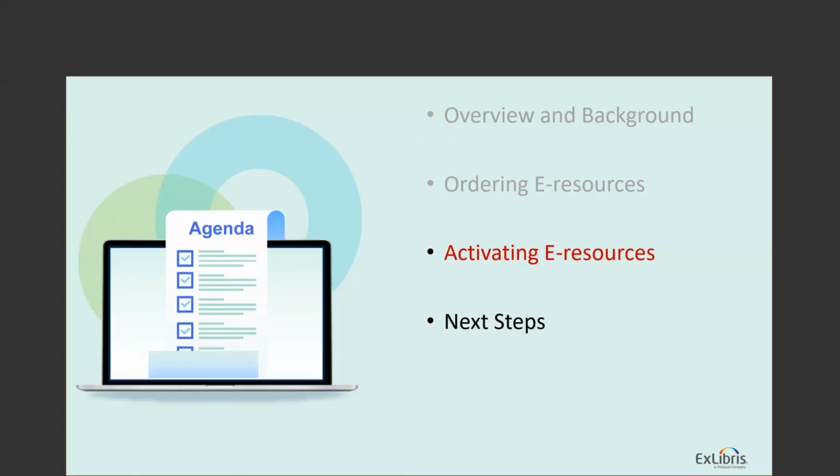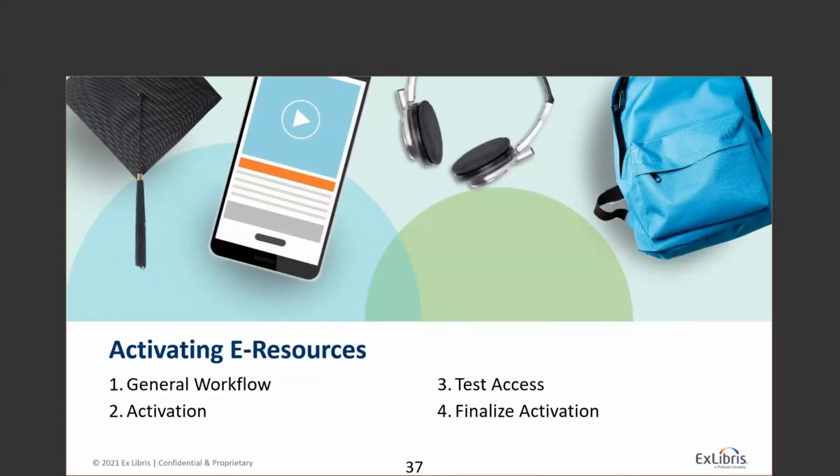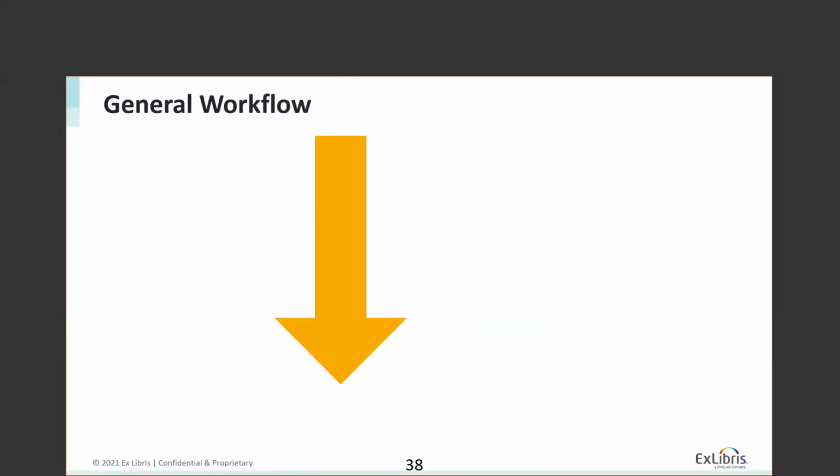I wanted to leave a little bit of time here today to activate those e-resources. So there's a couple of steps to do that. I'll show you the general workflow first. To activate, this is after you've ordered it and it's ready to be activated. The vendor has told you, we have got your order, we have turned it on our end, your IP range is open. Now you, at your institution, need to activate it.